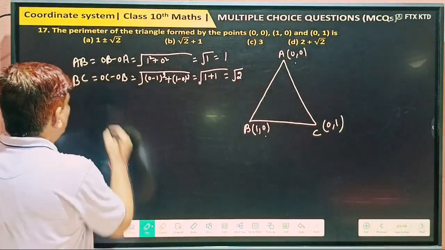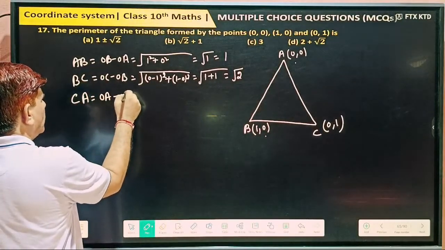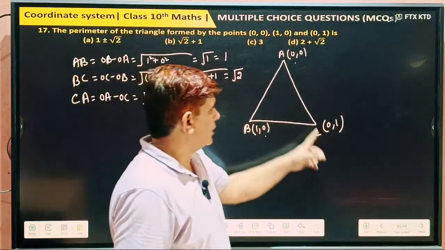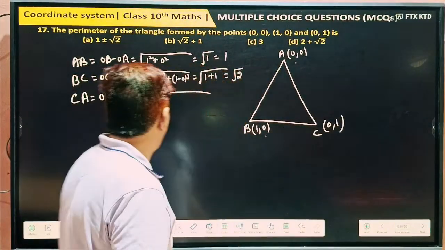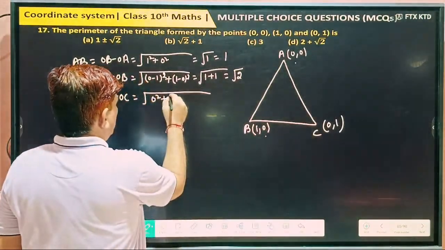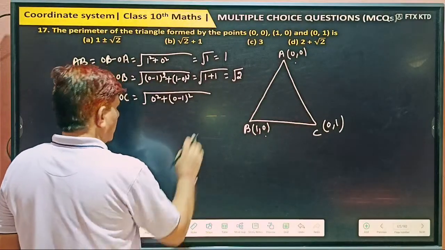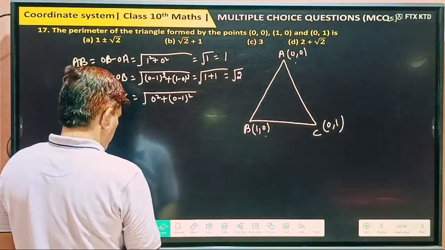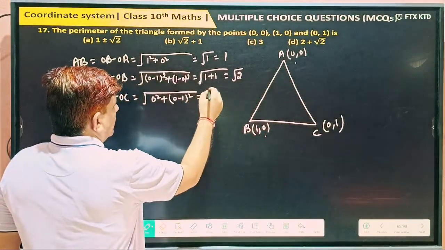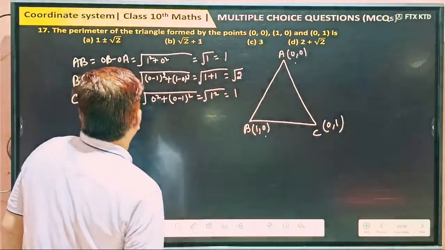Then find CA. CA equal to OA minus OC. Again, under the root (0 minus 0) square plus (0 minus 1) square, which is equal to 1 square, which is equal to 1.